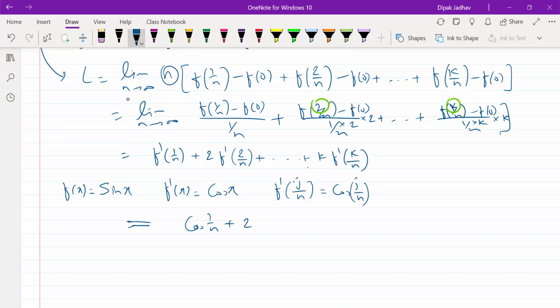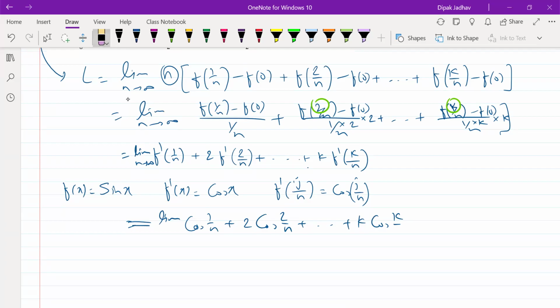Cos 1 by n, 2 times cos of 2 by n, and so on, k times cos of k by n. Sorry, we need to apply limit. No, we made a mistake.